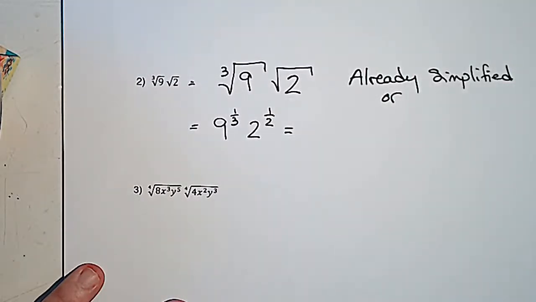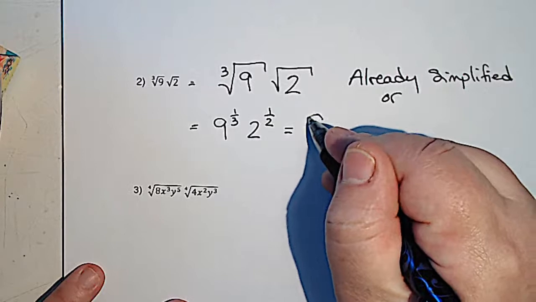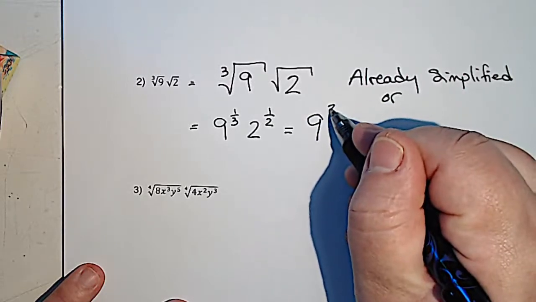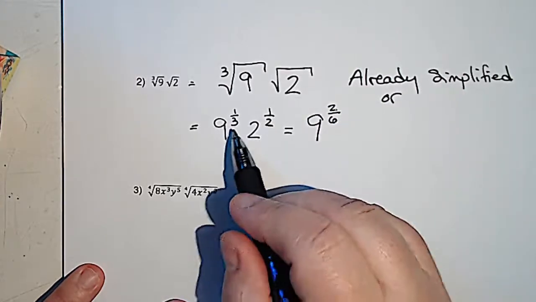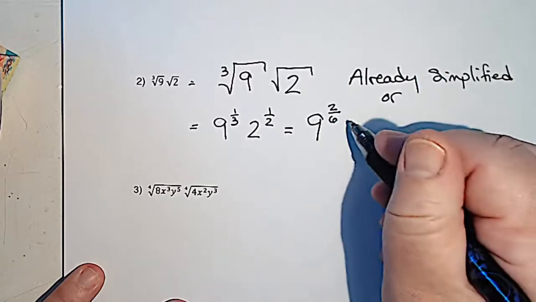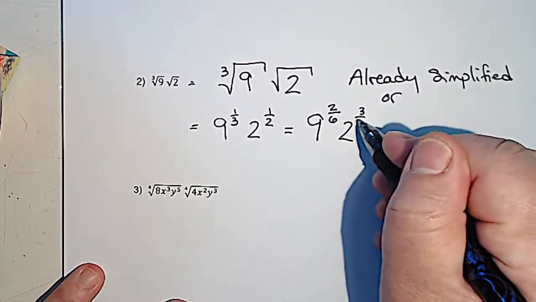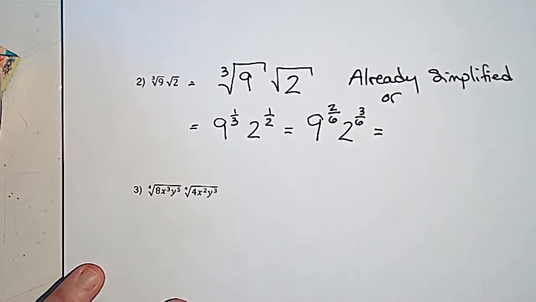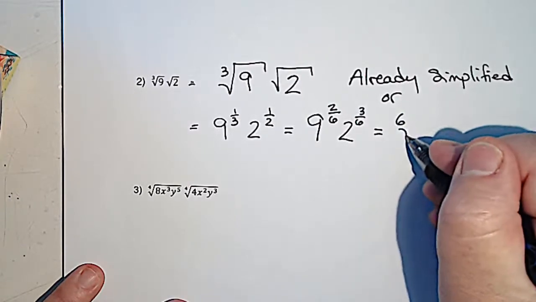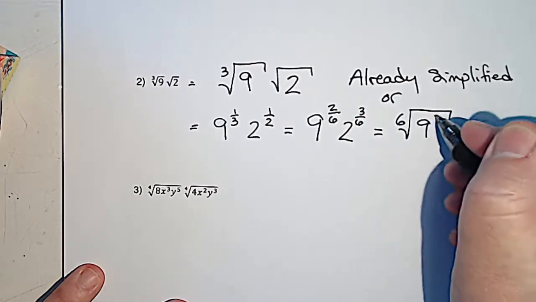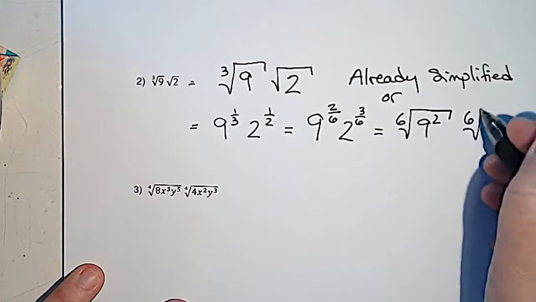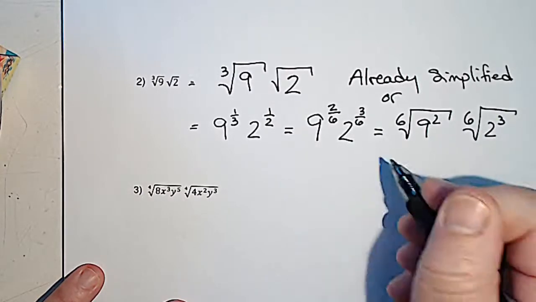so remember this, when the radicals can be rewritten as fractional exponents, I could make this 1/3 equals 2/6. 1/2 equals 3/6. So this is the 6th root of 9 squared times the 6th root of 2 cubed.